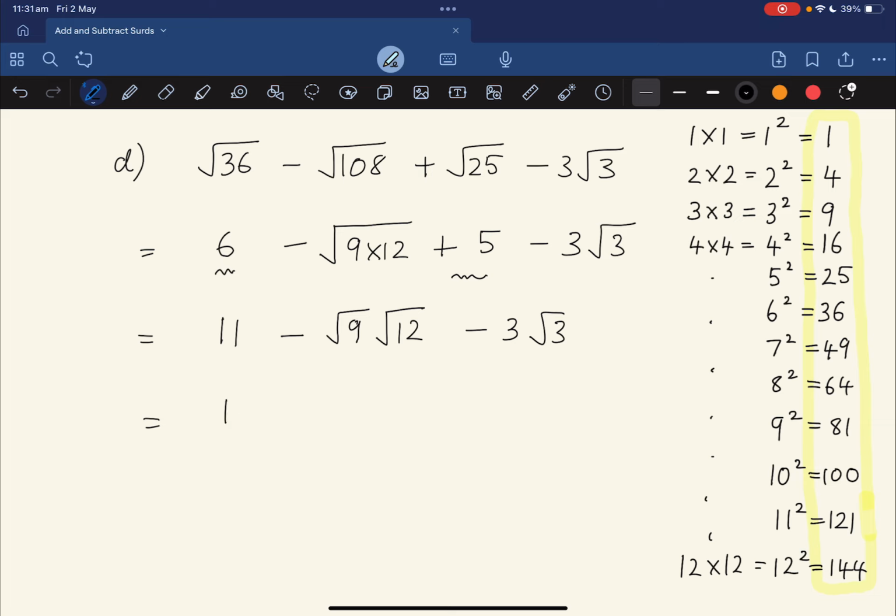And now looking here, 11 take 9, which is a square number. Root 9 is 3. Root 12. Now that's an even number, so that usually means you can write some factors out and get down to square numbers. So I know immediately that 4, one of these square numbers, is a factor of 12, so I can do that.